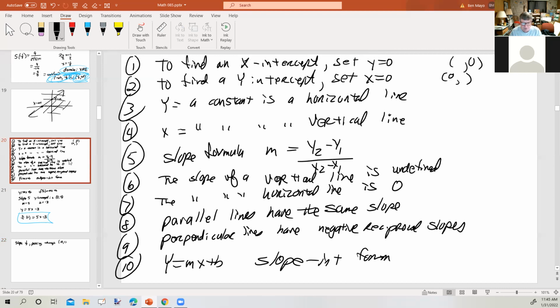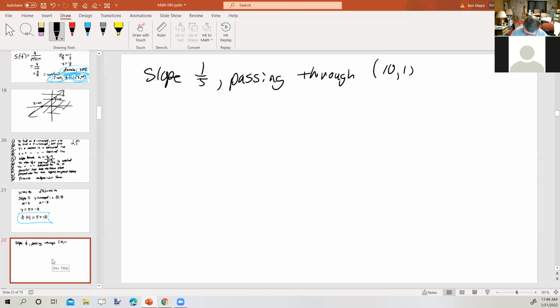So if you want more information later this afternoon, that'll be posted under Math 85 Winter 2022, section 3.6, if you want to take a look.